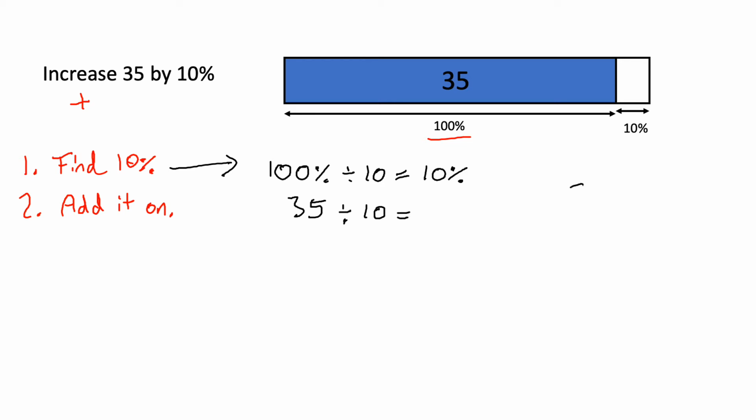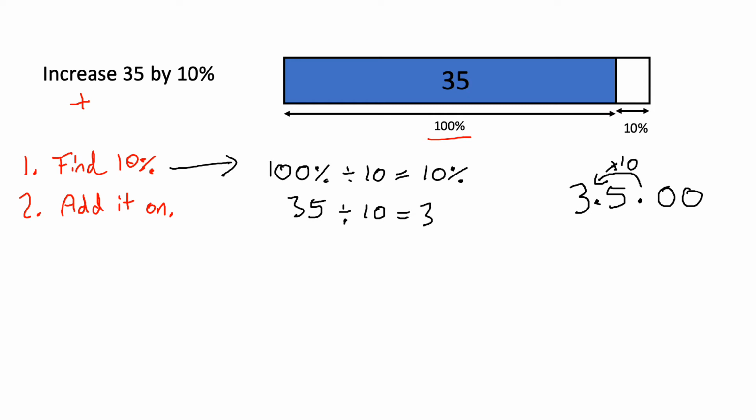Now, to divide by 10, we've got our number 35 here. Imagine there's a decimal place after it, because really there's a decimal point in every number, and then an infinite number of zeros after it. So when we divide by 10, we just want to bring that decimal point this way, just 1 place.